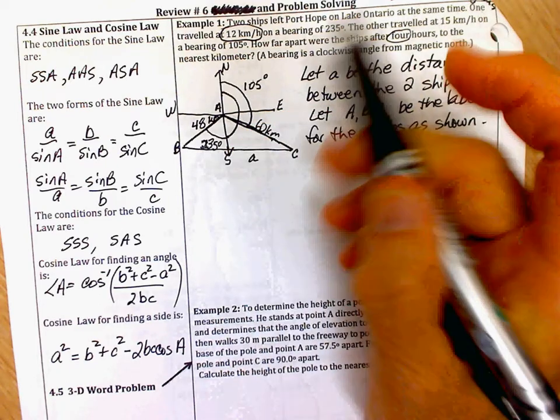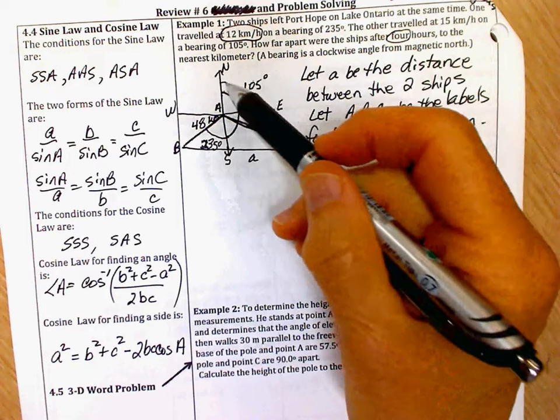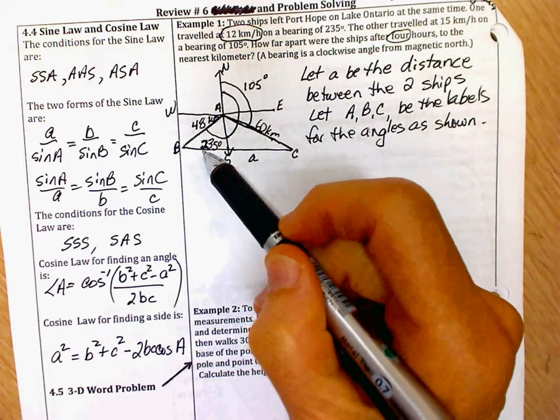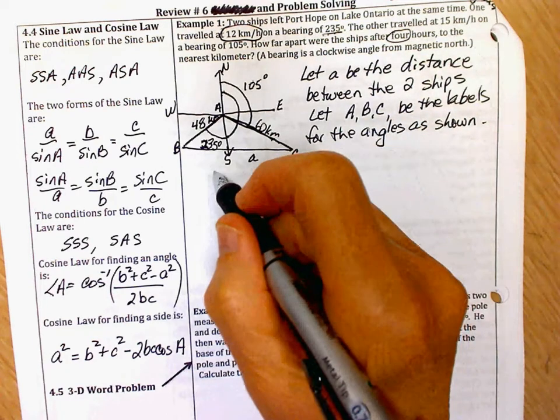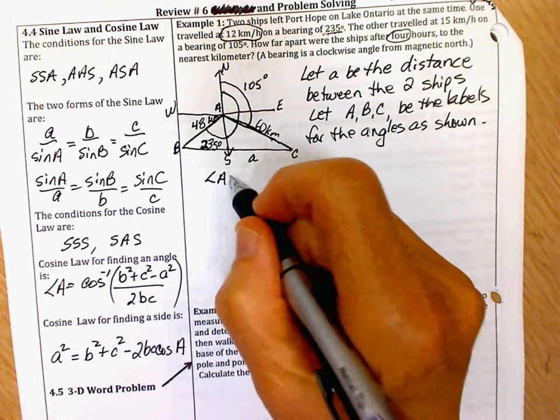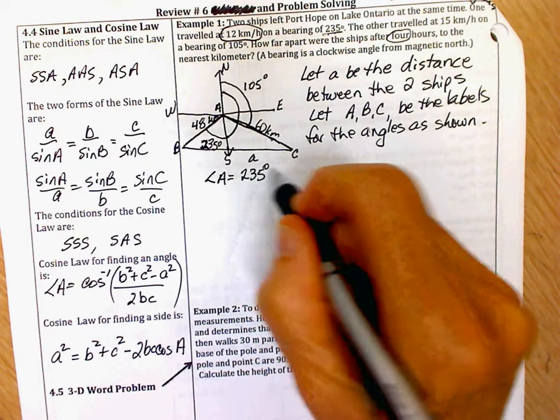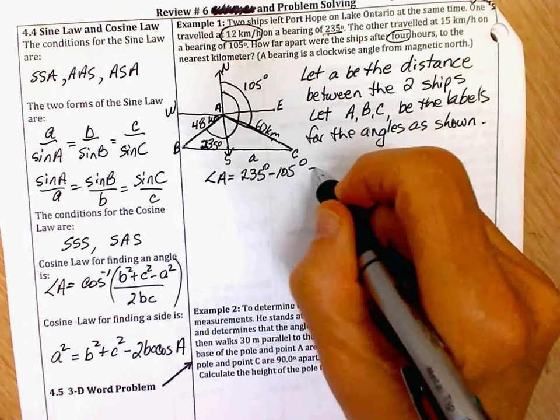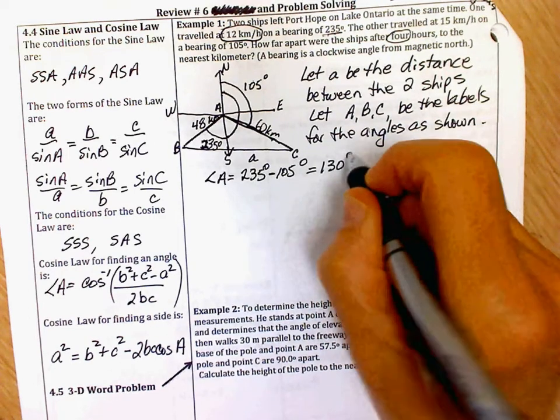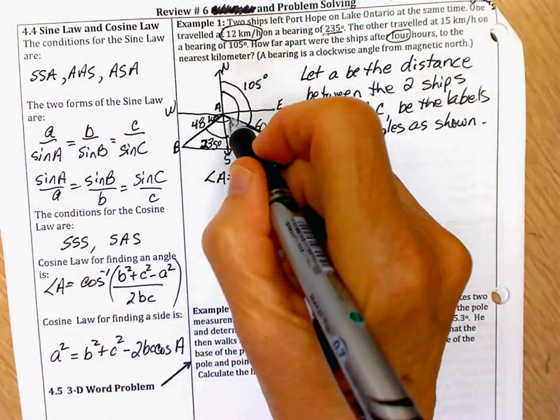Okay, so this is 235 and this is 105. I apologize about that. So angle A is equal to 235 degrees minus 105 degrees, and that is equal to 130 degrees. Okay, so now this little angle A right there is 130.